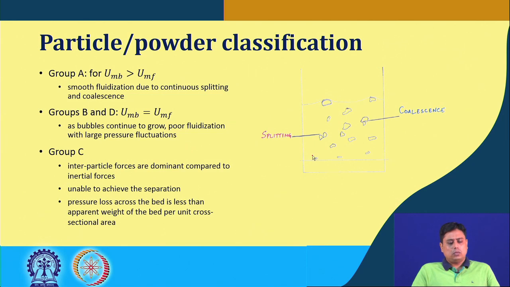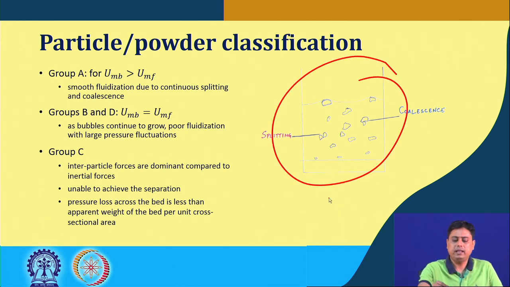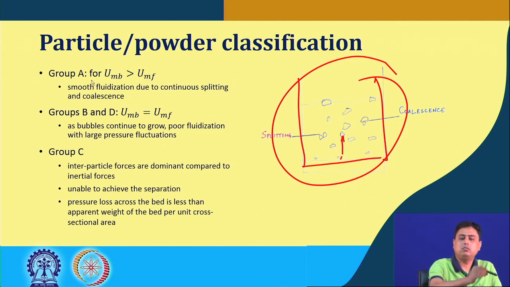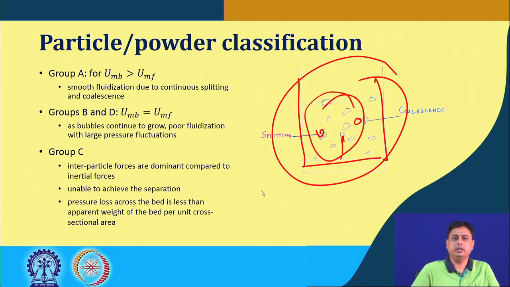So if we go into this further, this group A material, for a condition that the minimum bubbling velocity is higher than the minimum fluidization velocity, as we have mentioned, this kind of scenario happens, that in a bed these bubbles form because we have reached minimum bubbling velocity, and then there are coalescence, splitting, everything is happening continuously throughout the bed, and this helps in having smooth fluidization.